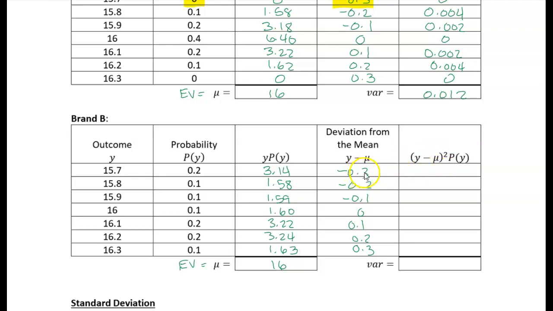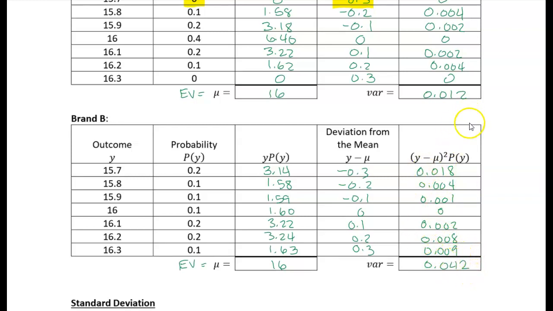So I'm going to square the number I have here in column 4 and multiply it times its associated probability. When I do that, I get 0.018, 0.004, 0.001, 0, 0.002, 0, 0.008, 0, 0.009. And then when I add these all up, I get the variance, which is 0.042.